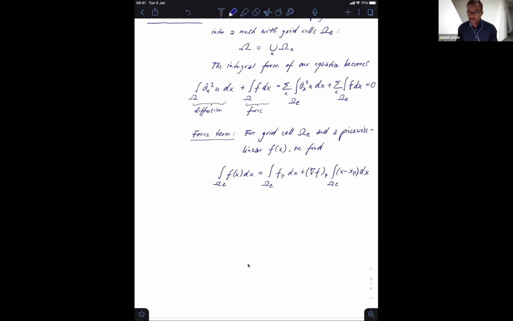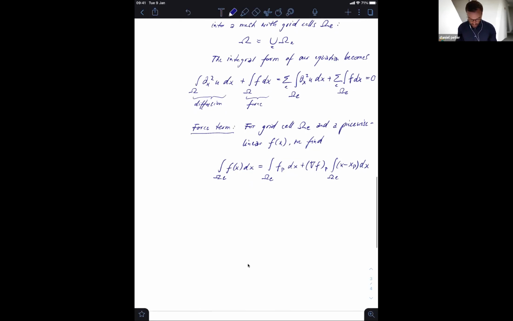So we just use the definition of a piecewise linear function f. And then you see again here this integral for the centroid vanishes. That means all we're left with is the value at the centroid fp times the volume of that grid cell.